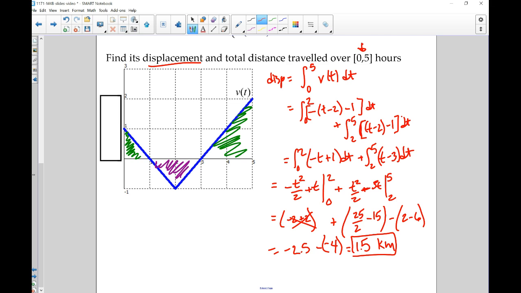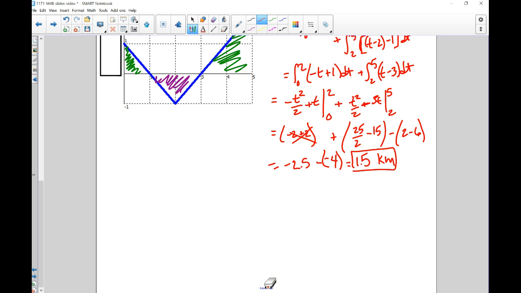Now, for total distance traveled, that's where it gets to be a little bit longer in the sense that we have to break it up into 3 chunks now instead of 2. So I need to compute the total distance. I need to break it up so that it would normally be the integral from 0 to 5 of the absolute value of v of t dt.